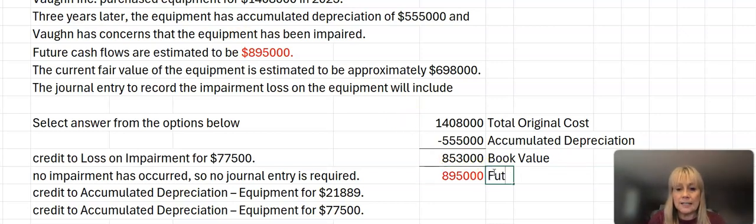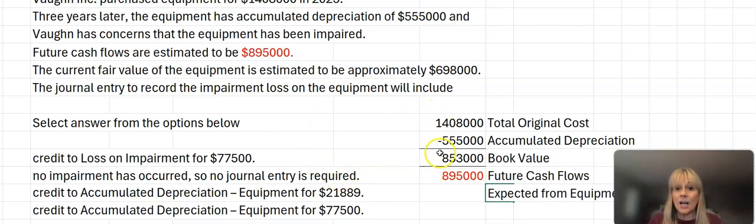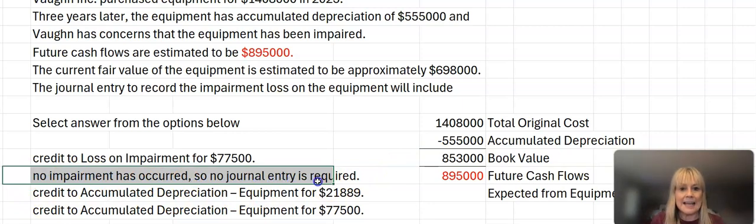Our future cash flows expected from this equipment are greater than our book value. So since our future cash flows are greater than our book value, this means that no impairment has occurred. We just need to know no. So there's our answer. No impairment has occurred for this particular one.